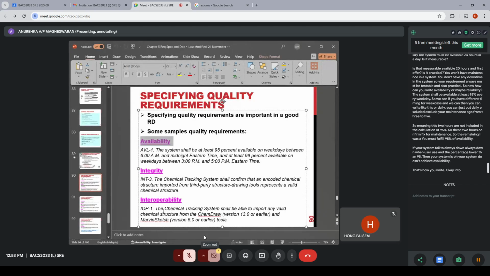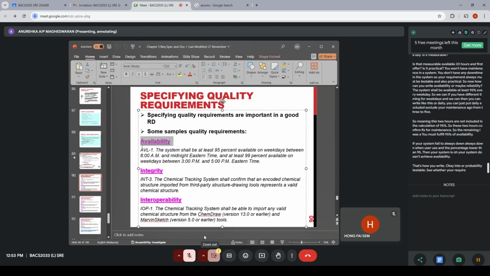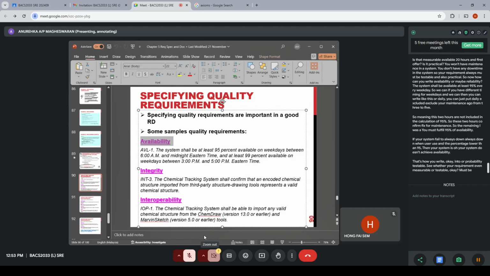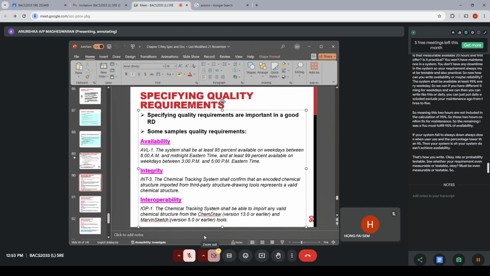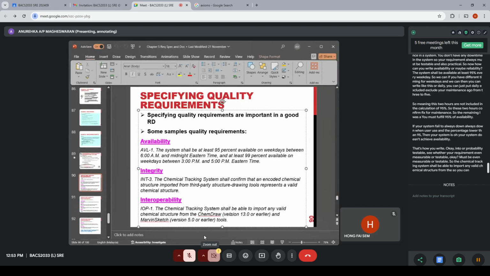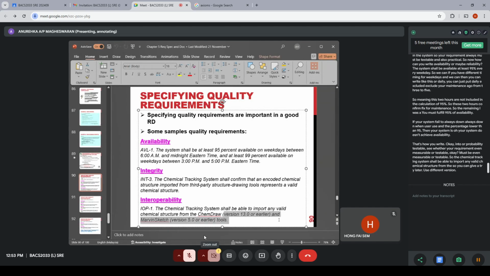Interoperability, testable. See whether your requirement is either measurable or testable. For example, the chemical tracking system shall be able to import any valid chemical structure. You can give it a try later, use a different version and see whether the system can accept it or not.